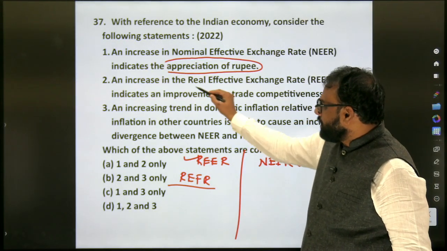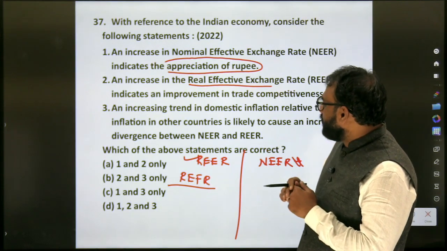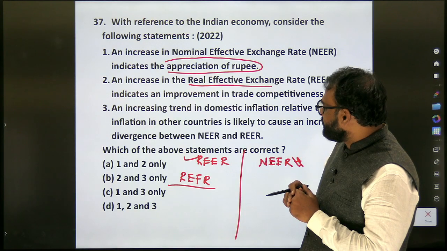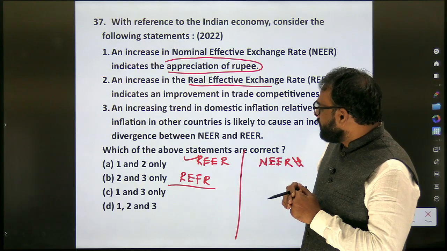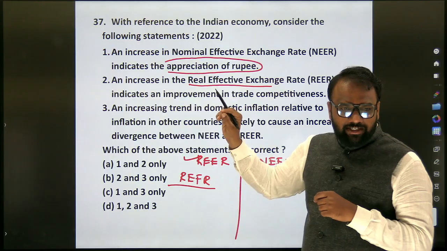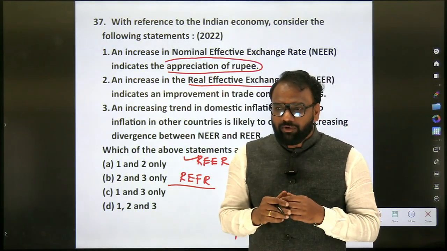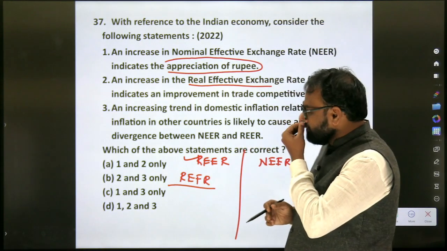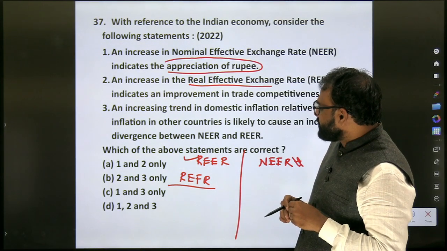An increase in real effective exchange rate indicates an improvement in trade competitiveness. You have discussed this, but again it will cause confusion. It increases competitiveness, by making exports cheaper and imports more expensive.